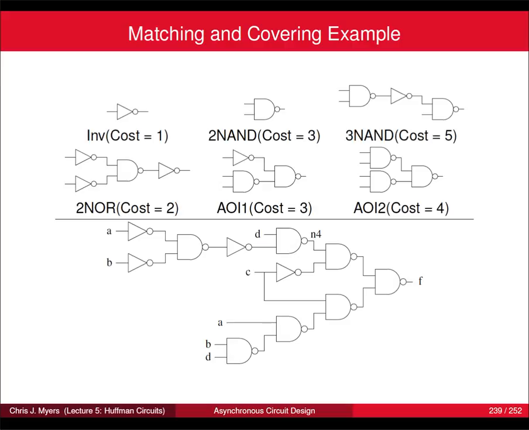Yeah. So that's better. So if that's my final one, then I'm going to have an AND OR invert here, and then I'm going to have that be 2 NANDs. That'll be inverter, that'll be inverter, and that will be the 2-input NOR.